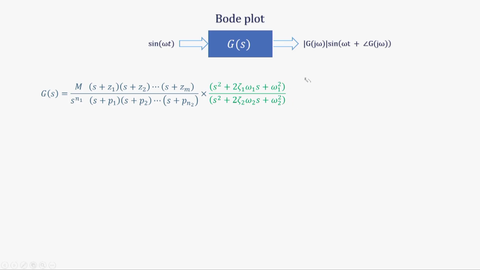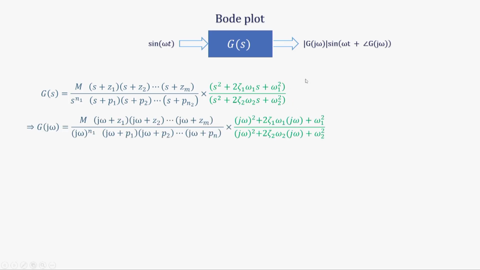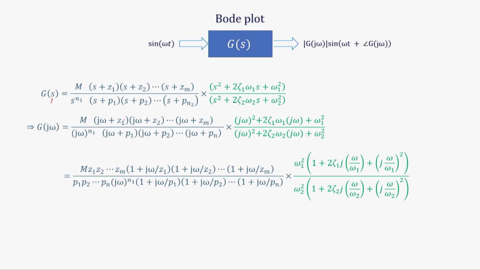Okay. Now, these terms can also be rewritten again like the previous case. Again, in place of s we will put j omega everywhere, then you take out these constant terms z1. Now, from here we will take out this term omega 1 square, and from here we will take out this omega 2 square, and then we will have this nice looking form. Now, you might be thinking why am I taking a square here?